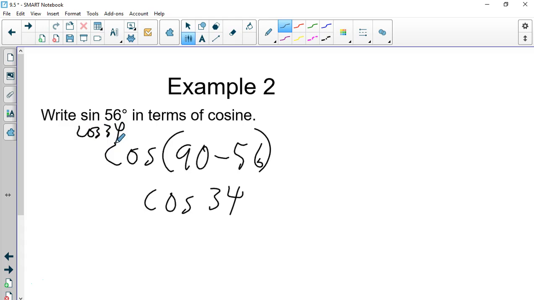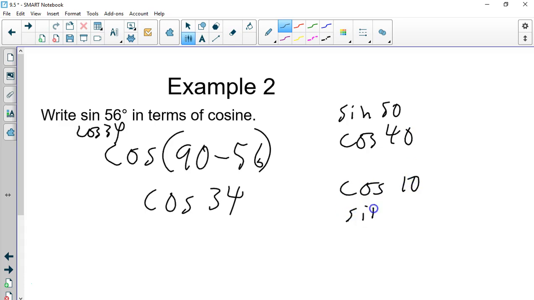So the sine of 56 is the cosine of 34. To think of it more easily, sine of 50 is the same as the cosine of 40, and so forth. And the cosine of 10 is the same as the sine of 80. And that will not change.